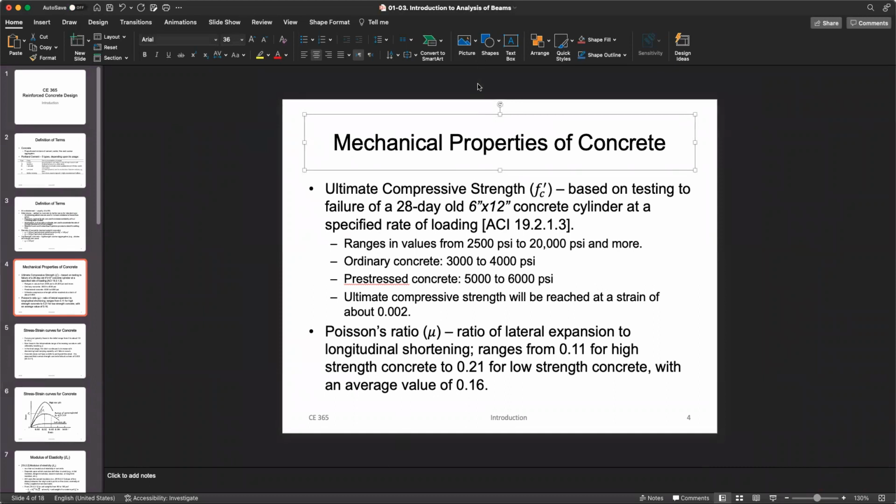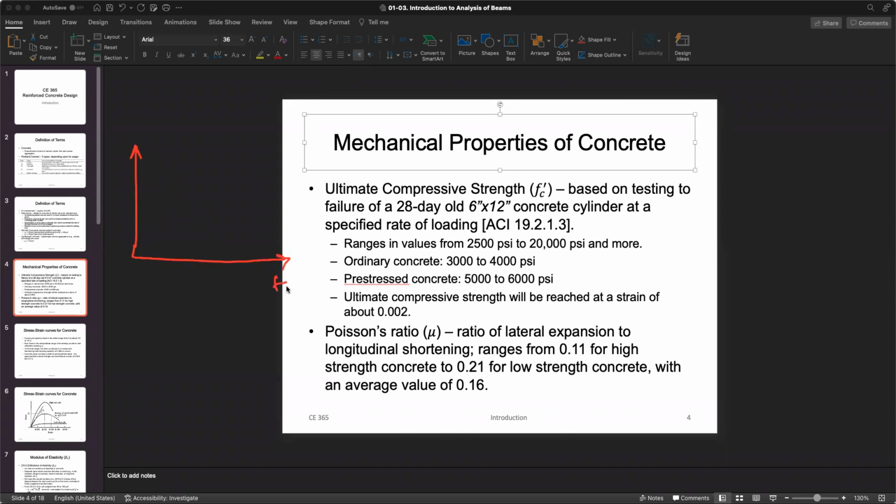Another important thing about the 28 days: if you look at the graph of time versus F prime C of concrete, it goes up and it just flattens as it goes.